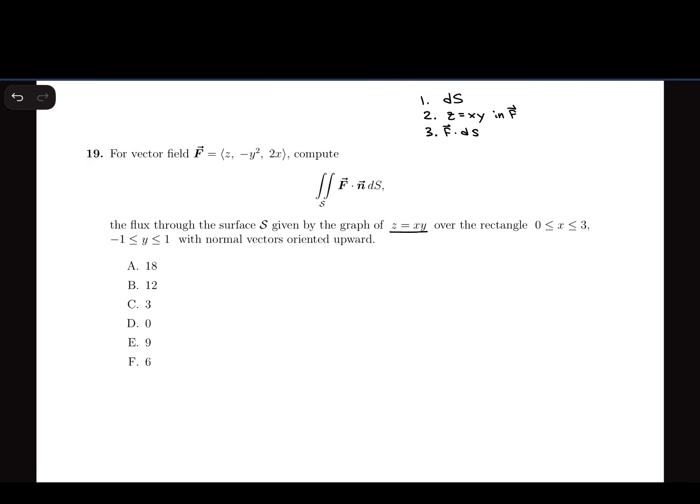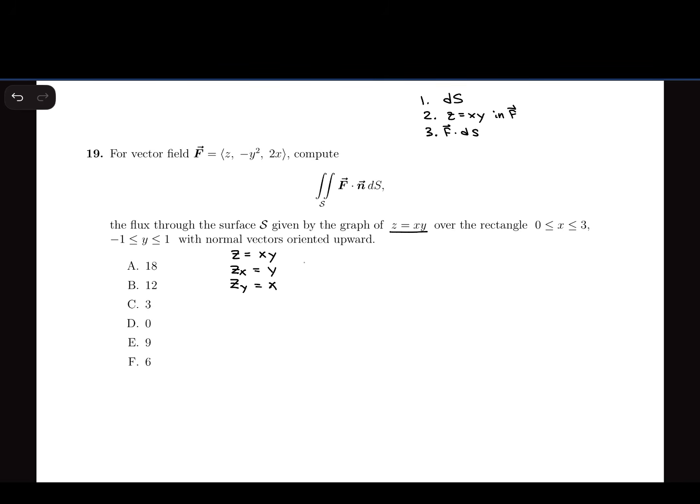So let's do that. Same thing as we've done before. When z is equal to xy, we have to find the partial derivative of z with respect to x, which in this case would just be y. The partial derivative of z with respect to y, in this case, will just be x. Amazing.